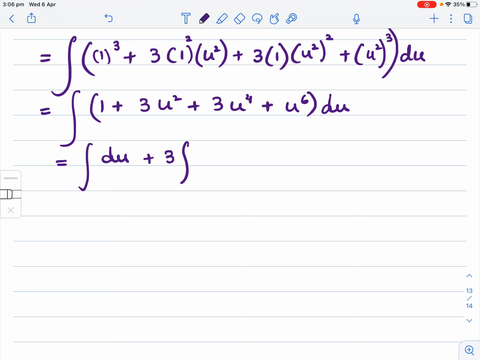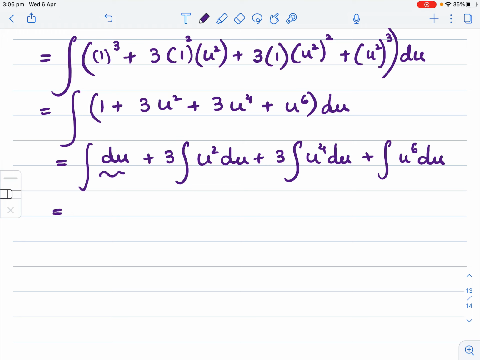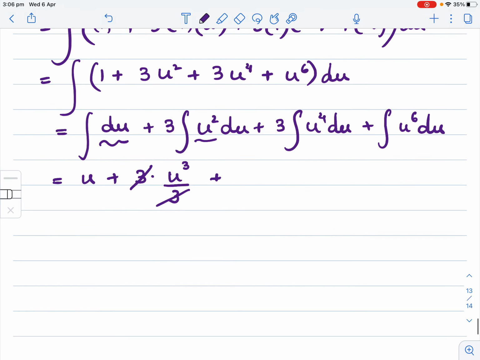So integral du plus constant is outside the integral, u^2 du plus 3u^4 du plus integral of u^6 du. So the integral of du is u plus constant. The integral of u^2 is u^3 over 3. You can cancel 3 with 3 here.